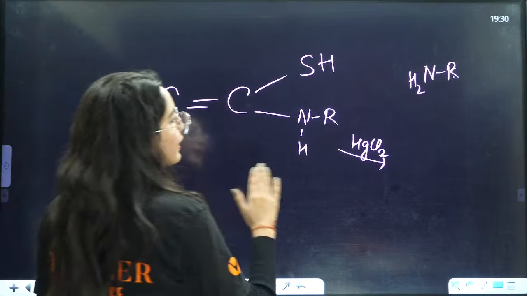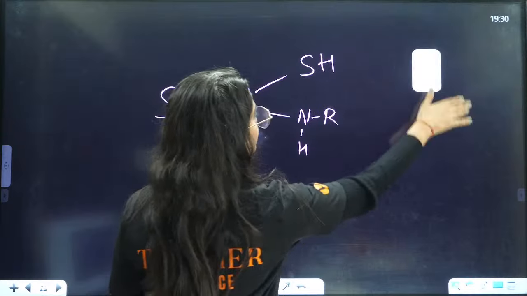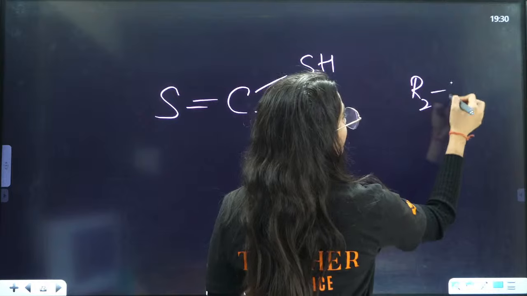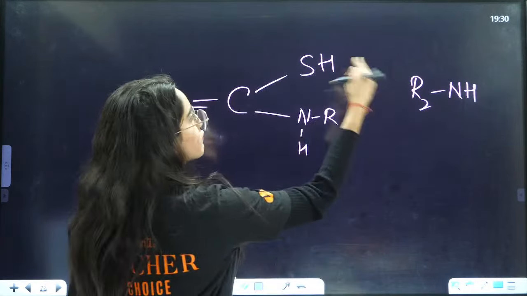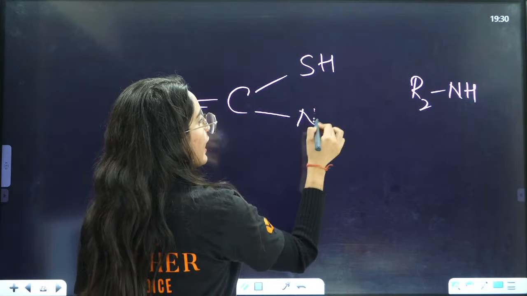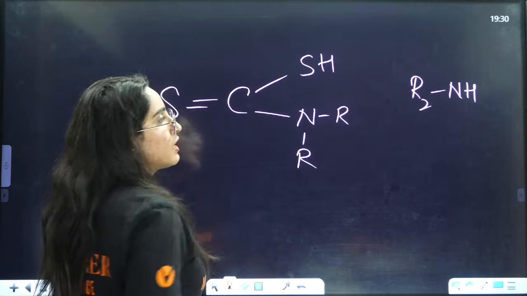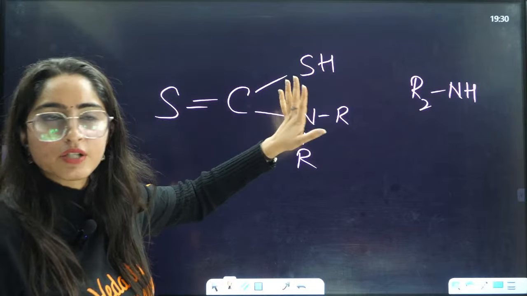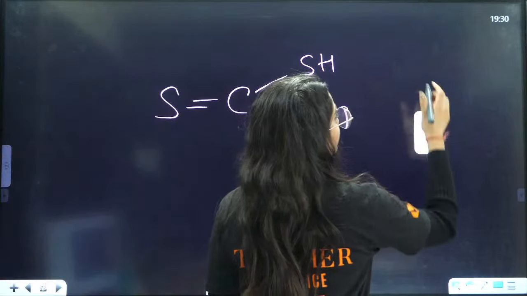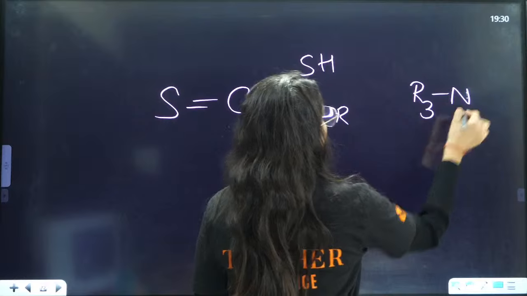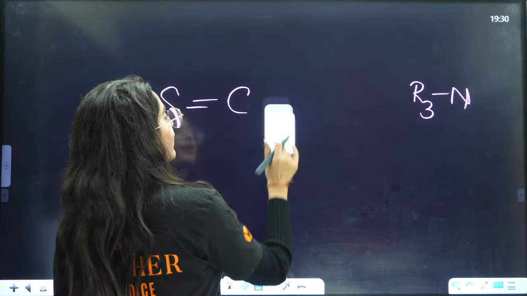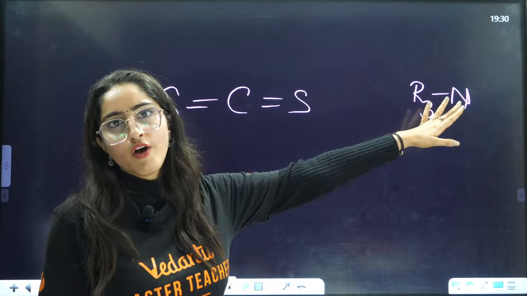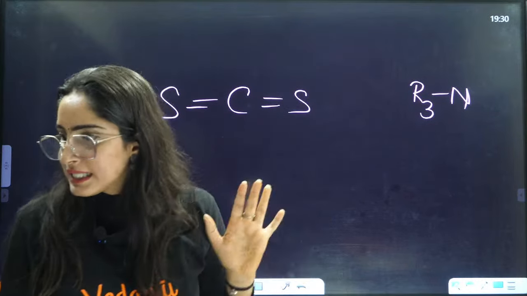But if you have 2 degree, 2 degree means you have R2NH. Hydrogen will be shifted here and you are left with NR2. Then you add mercuric chloride, there is no reaction after this. But if you have R3N and you have carbon disulfide, there is no reaction because here you don't have any hydrogen which can attack the sulfur.